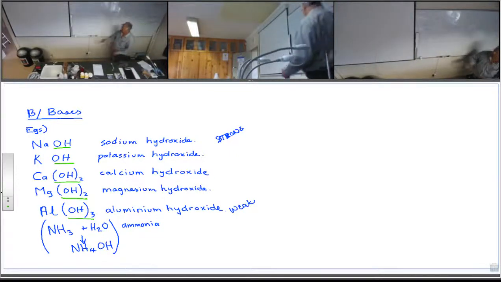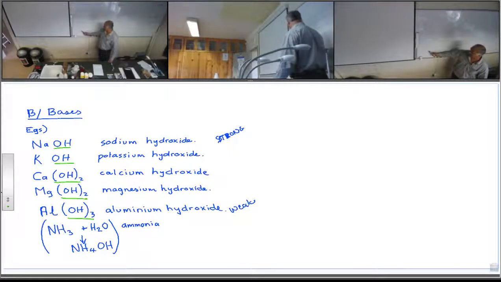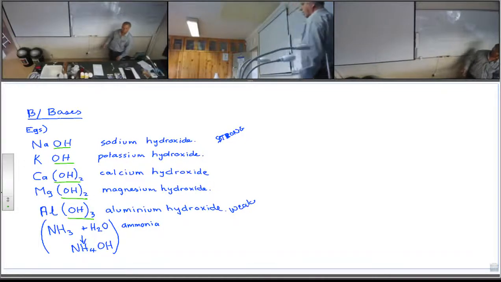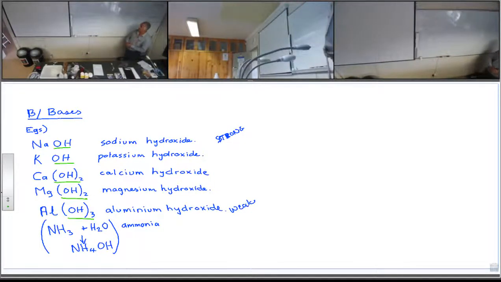Okay, water gives it one H plus, gives you NH4 positive, leaves behind the OH minus. The NH4 positive and the OH minus get together to give you NH4OH, ammonium hydroxide.